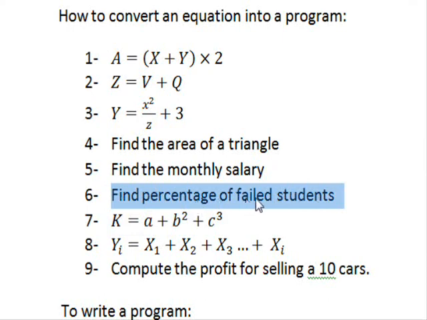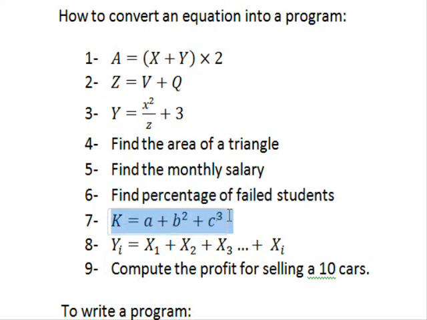Now the percentage of failed students. How do you compute a percentage of something? The percentage is also easily computed. It's the number of students who failed divided by the total number of students multiplied by 100. So after you write that, you must identify what the input is, do the processing, and display the output.